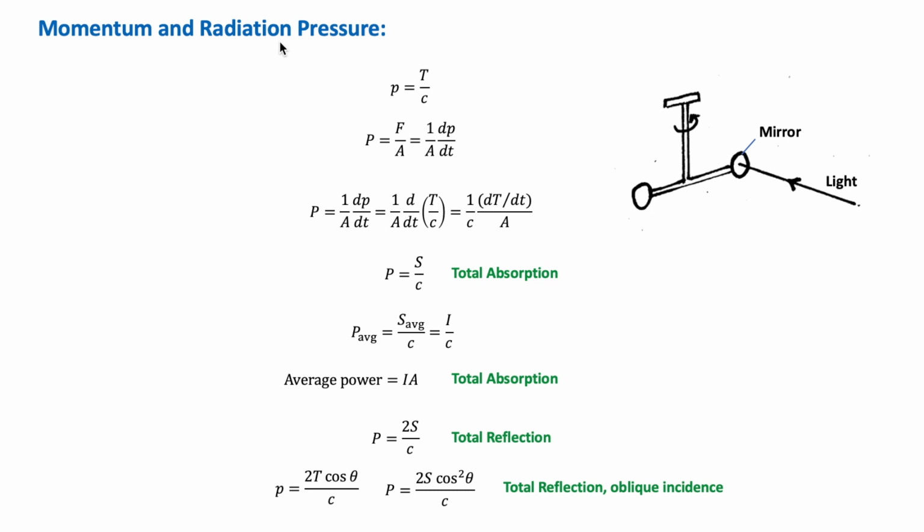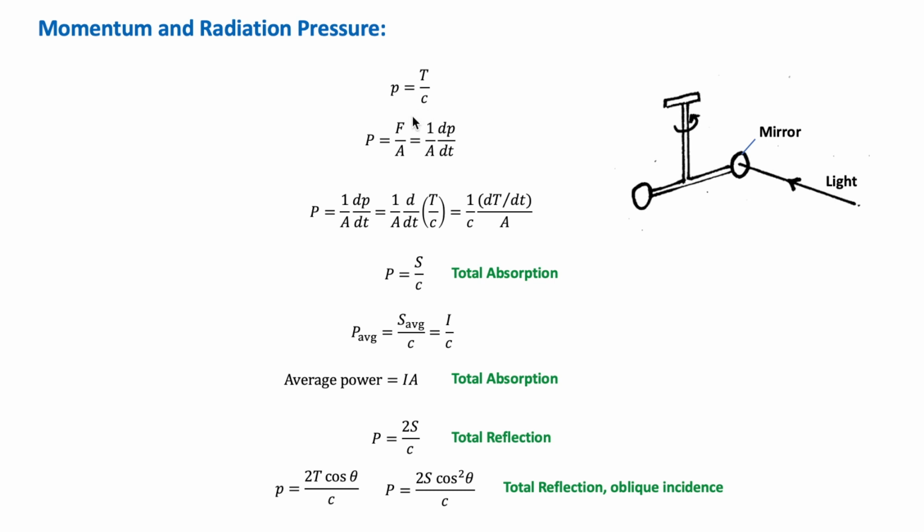Suppose we have an electromagnetic wave that is incident normally on a surface, and suppose this wave transports a total energy T to the surface in a time interval delta t, and the surface absorbs all this energy. Then Maxwell showed that the total momentum p delivered to the surface is equal to T over c.